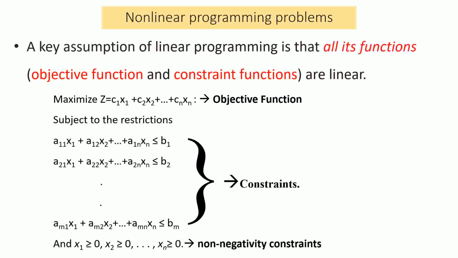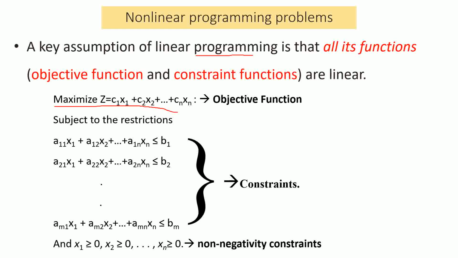A key assumption of linear programming is that all its functions, that is the objective function and the constraint functions, are linear. You see here, this is the standard form of linear programming, that is maximization of z equals c1 x1 plus c2 x2 and so on.